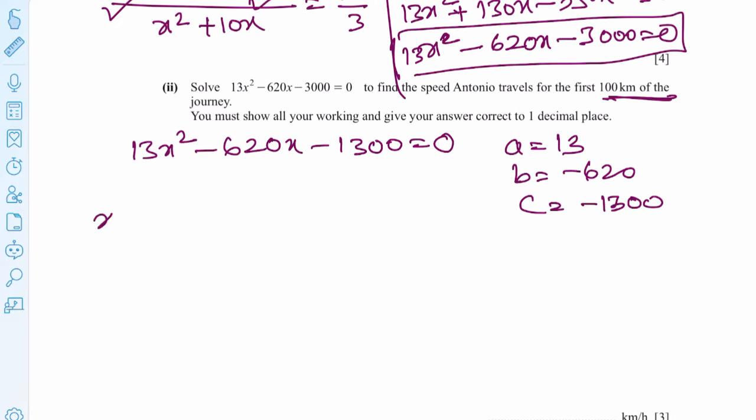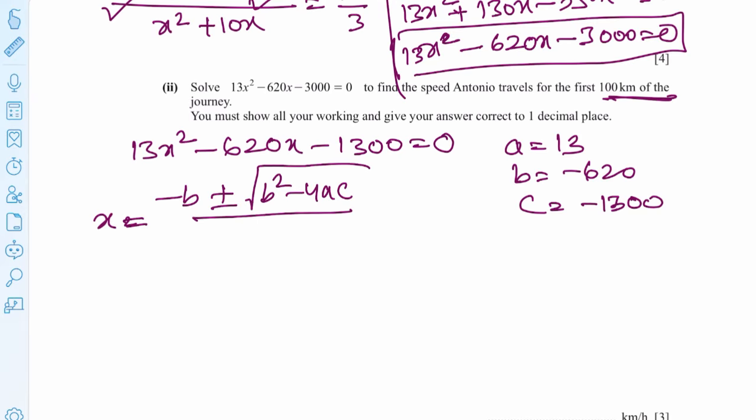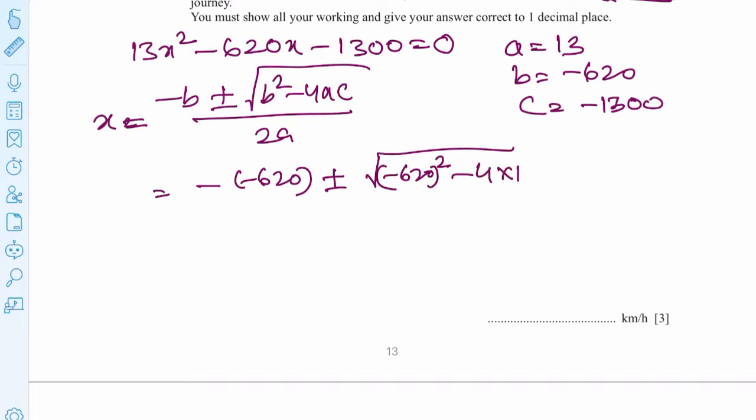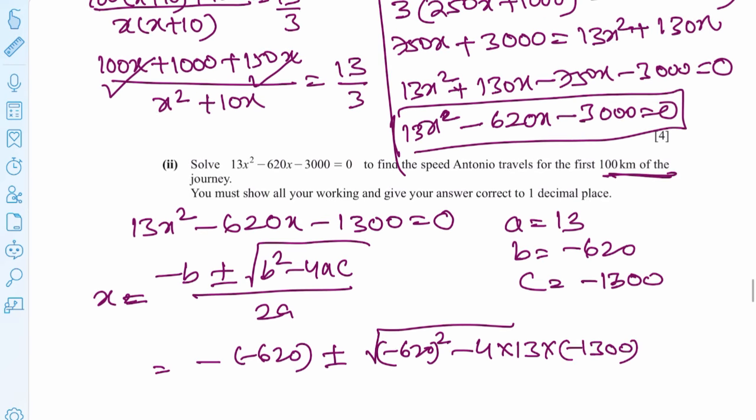So what is the formula? We have minus b plus or minus the square root of b squared minus 4ac, over 2a. Simply you have to put the values here. So minus 620, right, plus or minus, then minus 620 squared minus 4 times a is 13, and c we have minus 3000.